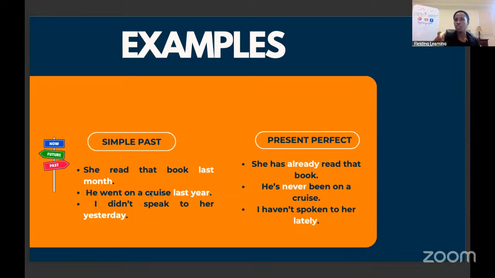So just for you to see that this lately, it's kind of the time marker for the present perfect. Although, as I said, no time marker is needed for a present perfect sentence. Okay, so let's go to the next one over here.